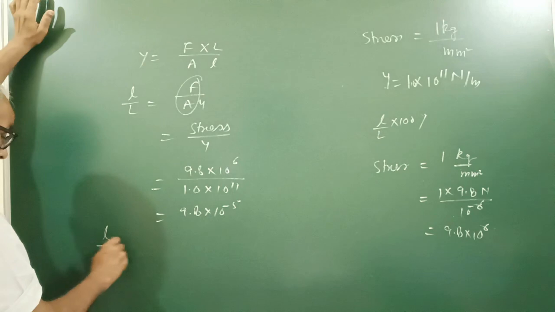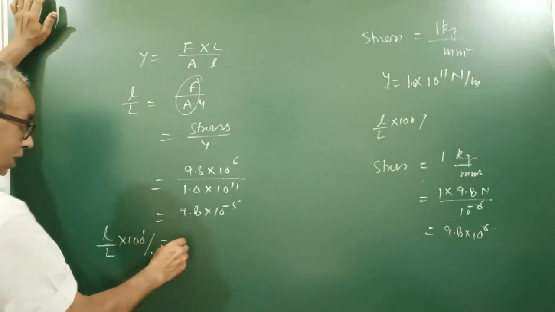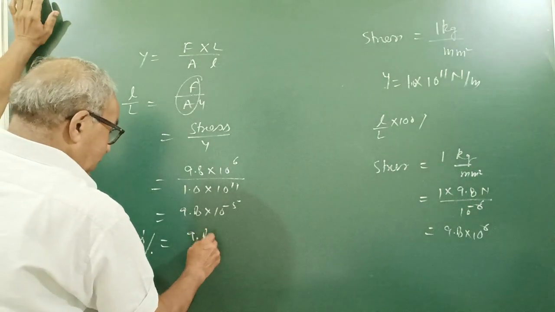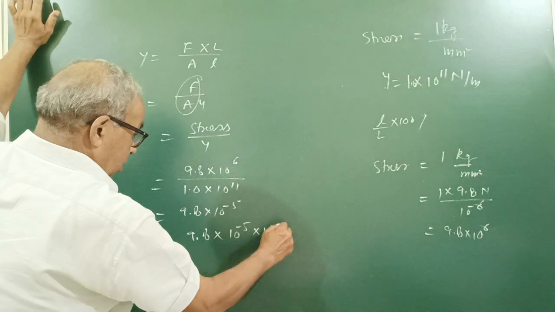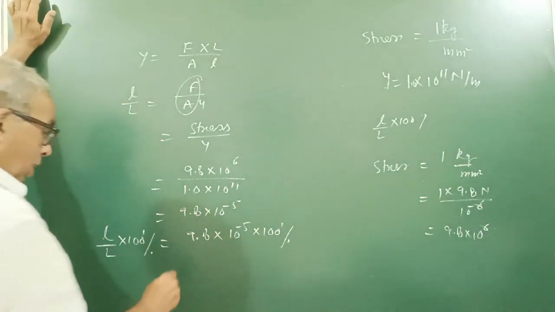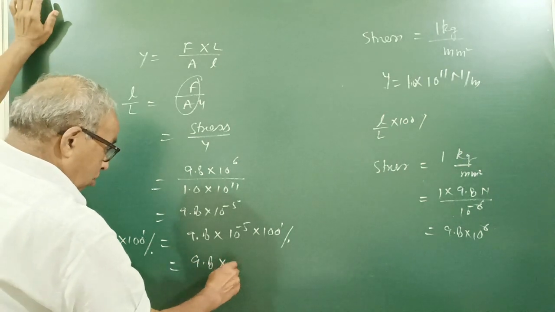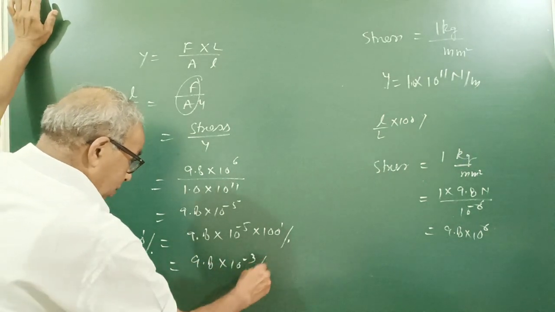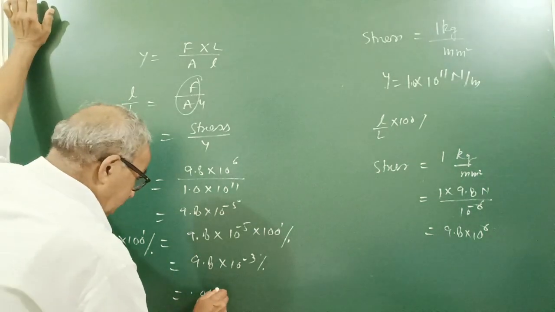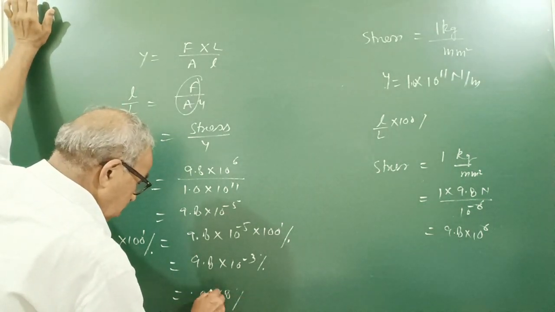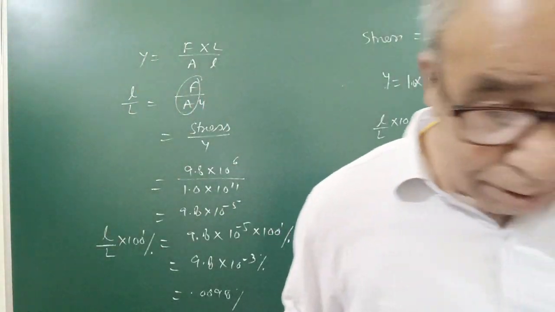So l upon L into 100 will become the percent. 9.8 into 10 to the power minus 5 into 100 percent is 9.8 into 10 to the power minus 3 percent, which means 0.0098%. Just for the sake of practice, I have given you this question.